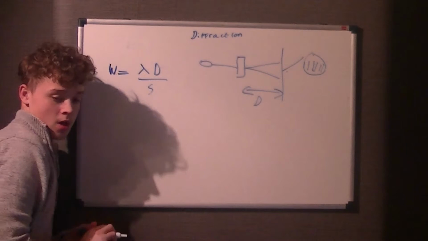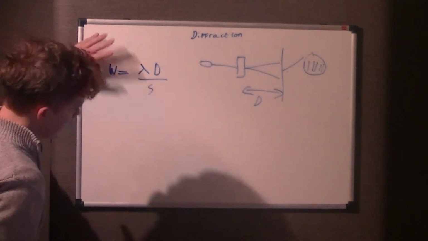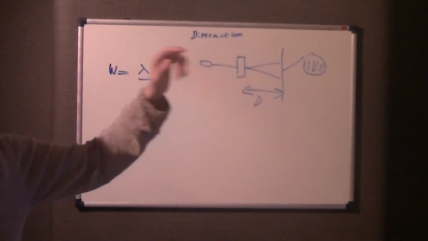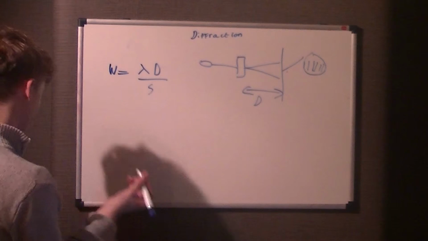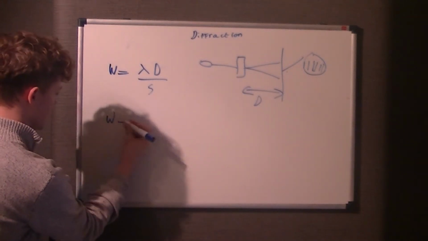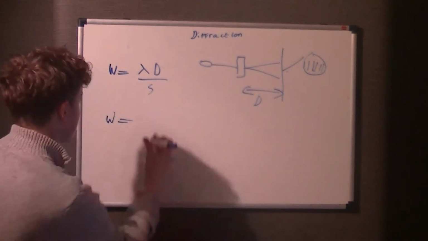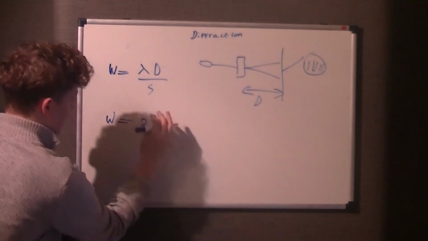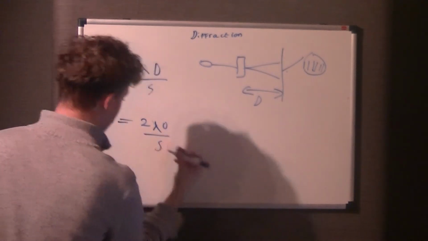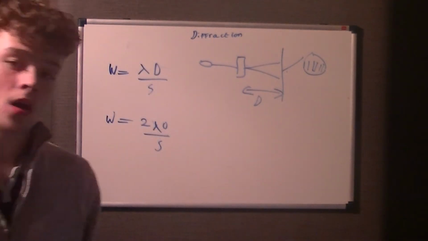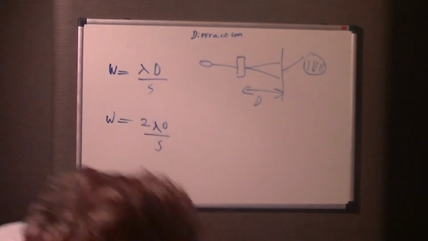For a standard fringe, however, as we said before, the middle fringe is twice as wide, so we times the top bit by 2, we leave the bottom bit unchanged. So the width of the central fringe is 2 lambda D over s. And that is the equation for the diffraction of the single slit.